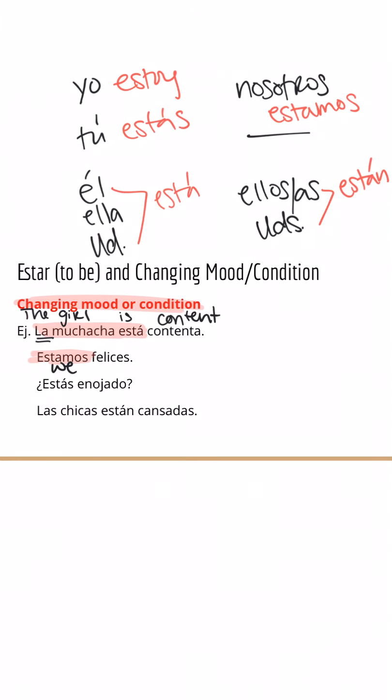So check it out. Right here, my yo, tú, and nosotros, they have their very own verb, meaning nobody else can use the verb estoy, estás, or estamos unless you're talking about one of these three subjects, right? We can't confuse it with anything else.